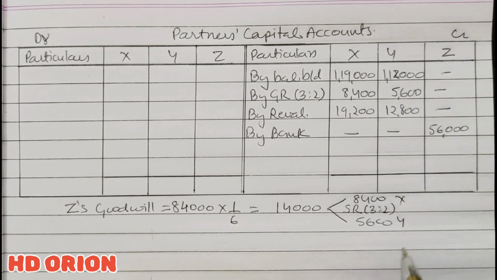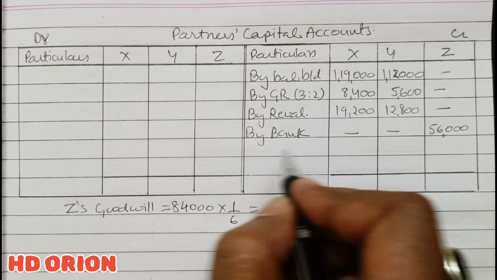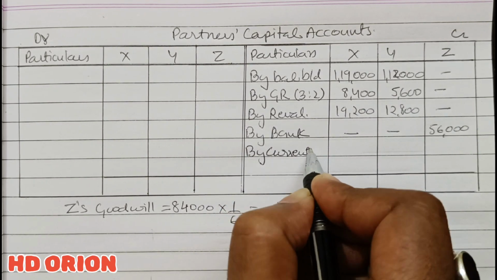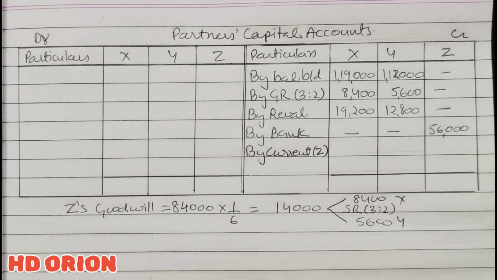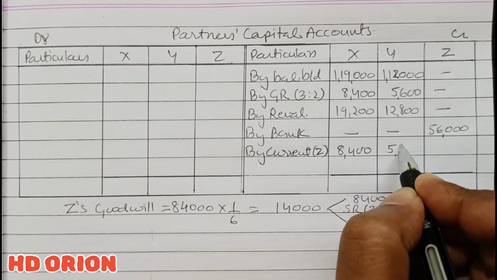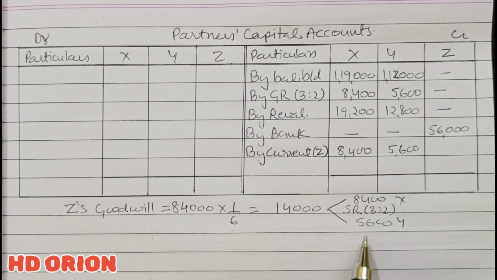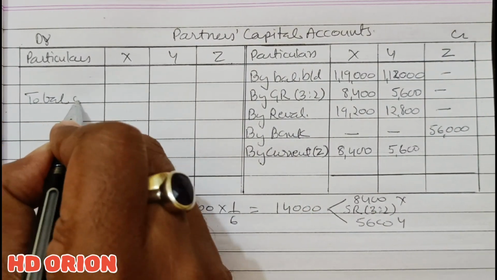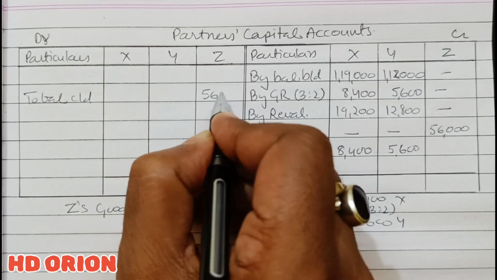This is for X and this is for Y. So we will record it here by Z's current account. Now we will close the accounts. That is all. It is 56,000 for Z.